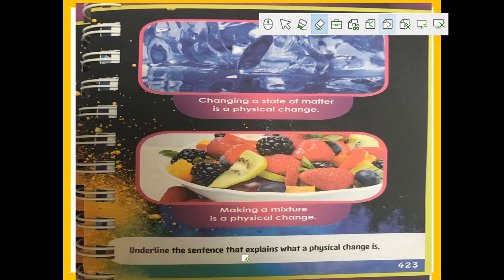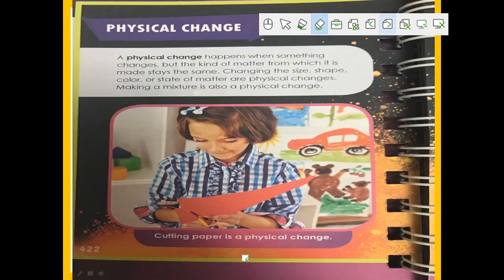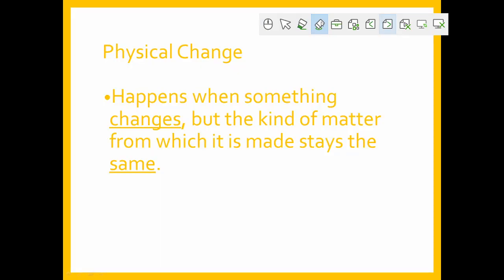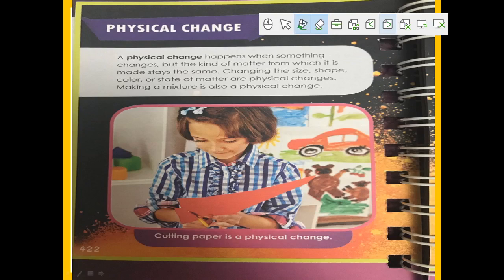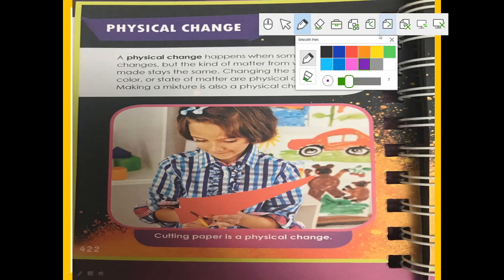Underline the sentence that explains what the physical change is. Physical change. Let's sing it together. Here. Physical change happens when something changes, but the kind of matter stays the same. We will underline this. My marker.